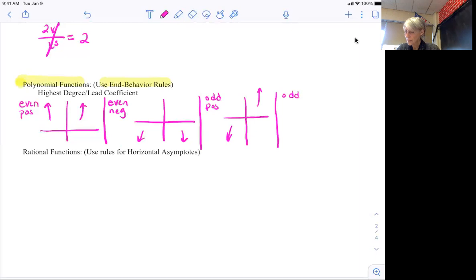Odd degree and negative, we're just going to flip that guy. And if that doesn't work, just use common sense. You're going to think about what's happening in the graph. And I will explain that in just a moment.